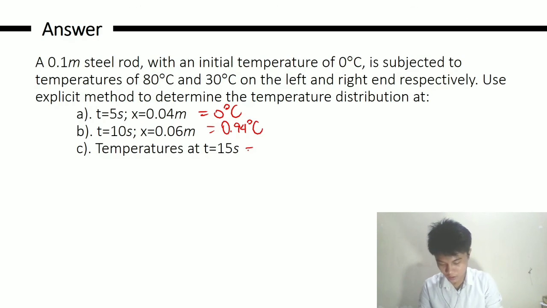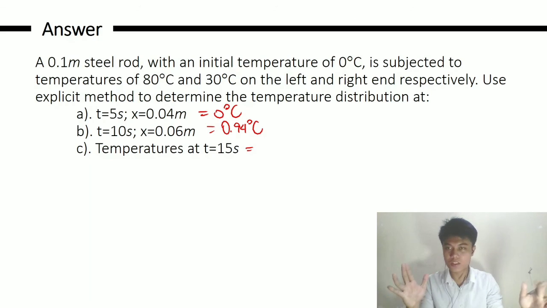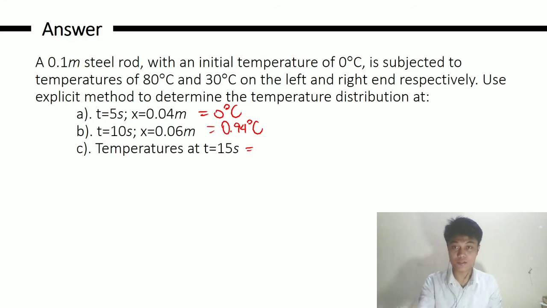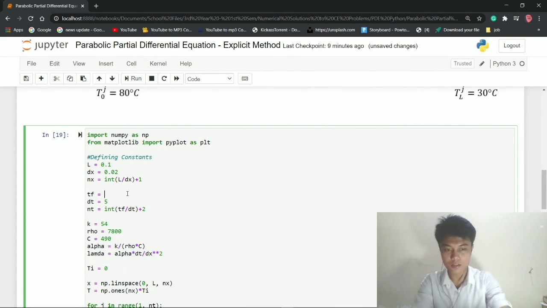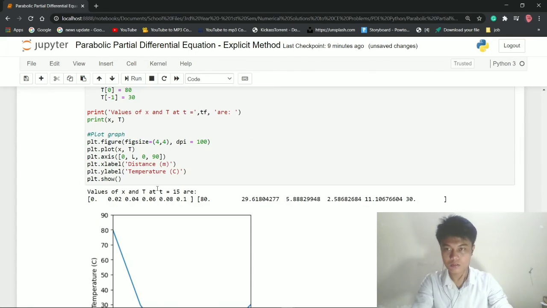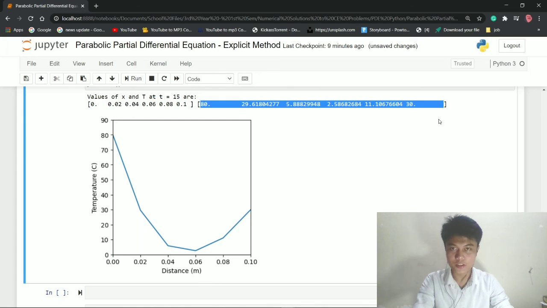Yung temperature natin dyan. And then, hanapin naman daw natin yung temperature ng lahat ng nodes at time is equals to 15 seconds. So, palitan natin tong ating final time into 15. Then, we have this. So, ito na yung ating temperatures at each of these nodes.